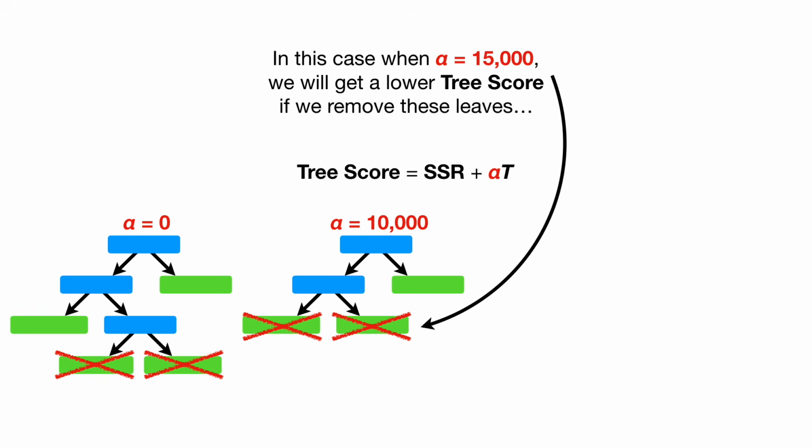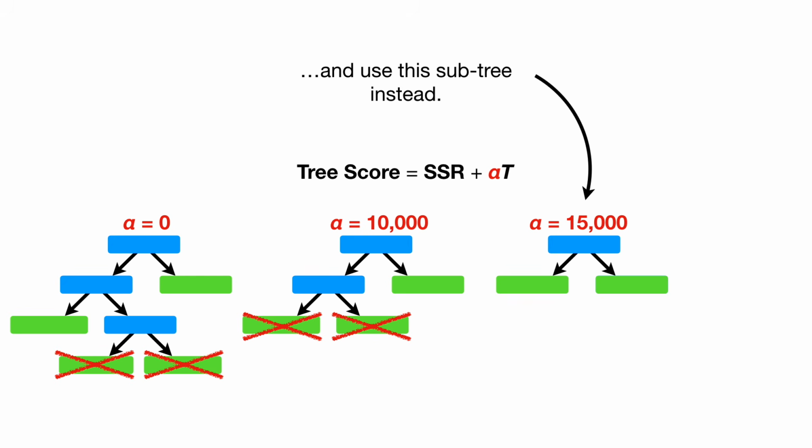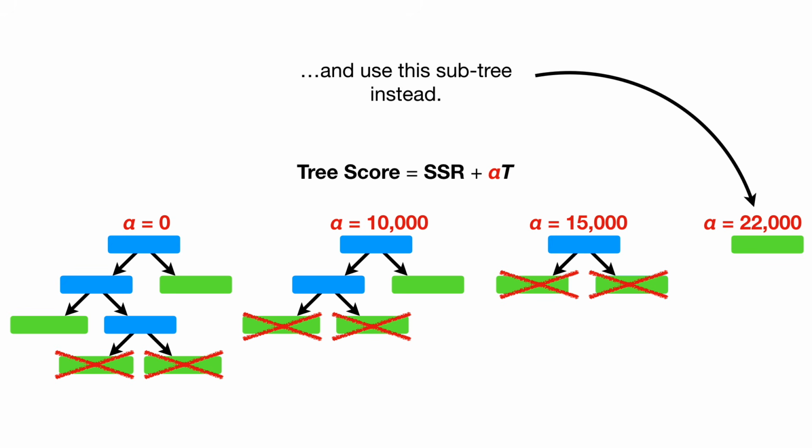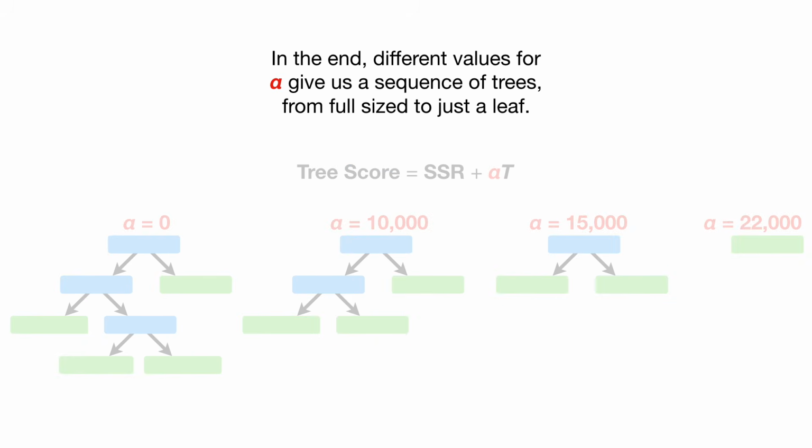In this case, when alpha equals 15,000, we will get a lower tree score if we remove these leaves and use this subtree instead. And when alpha equals 22,000, we will get a lower tree score if we remove these leaves and use this subtree instead. In the end, different values for alpha give us a sequence of trees from full-sized to just a leaf.